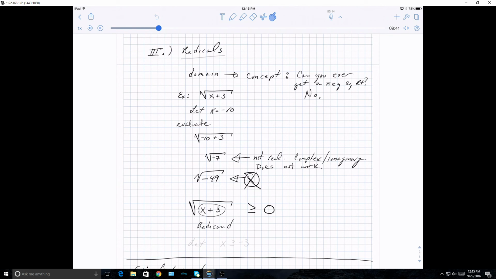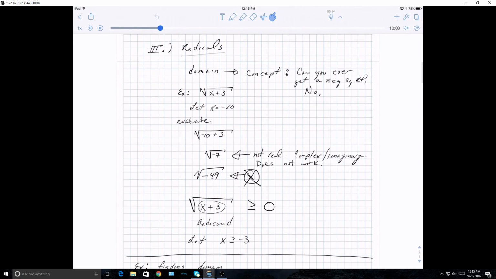So we let this expression be greater than or equal to 0. And when we go about this, it's very easy to see that we have to let x be greater than or equal to negative 3.